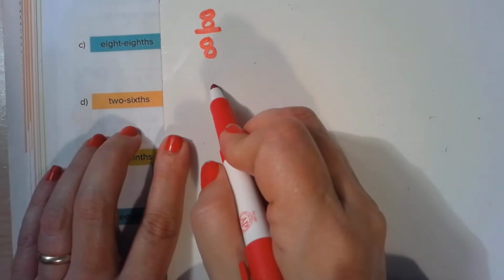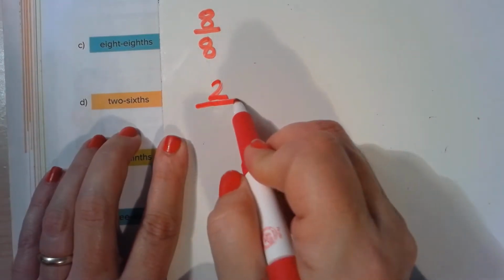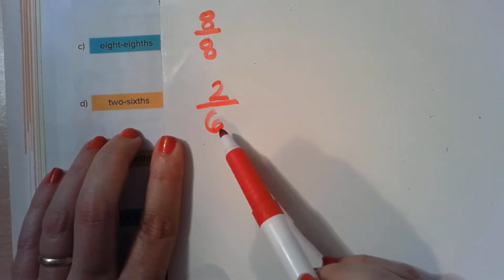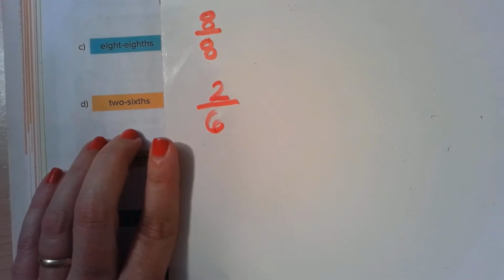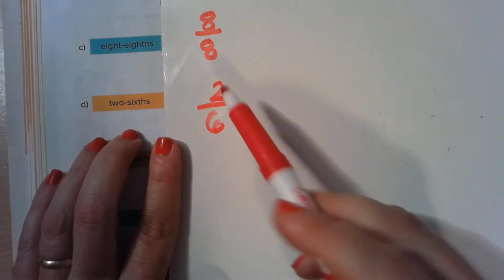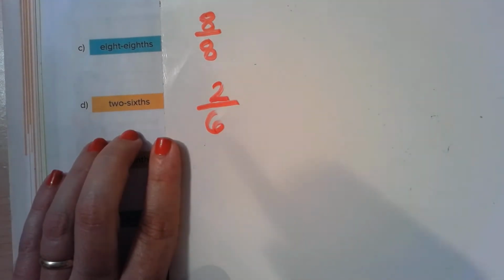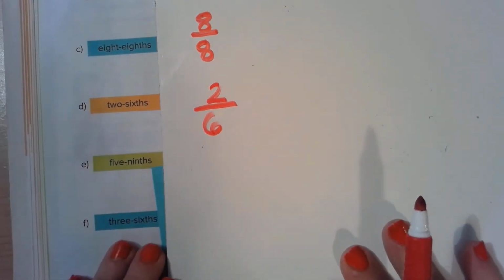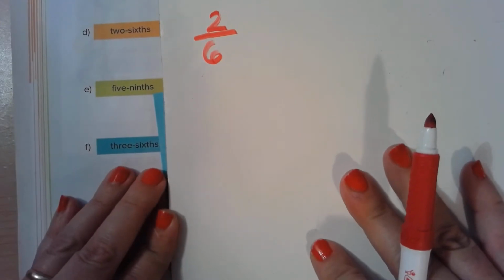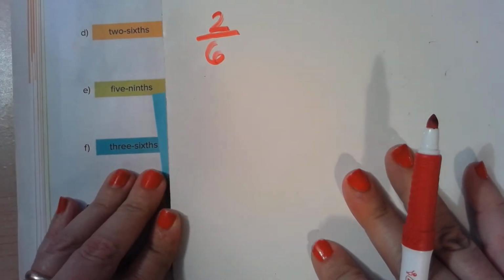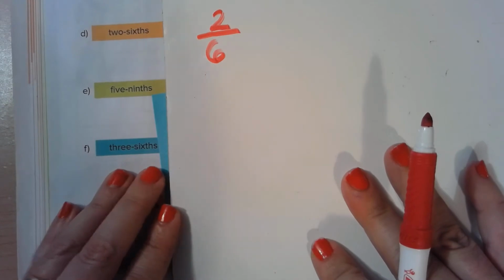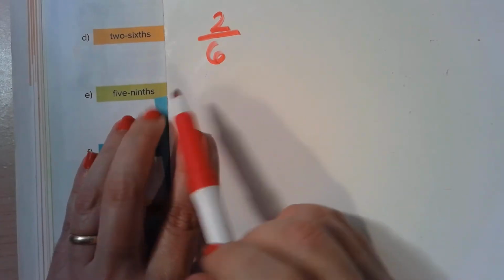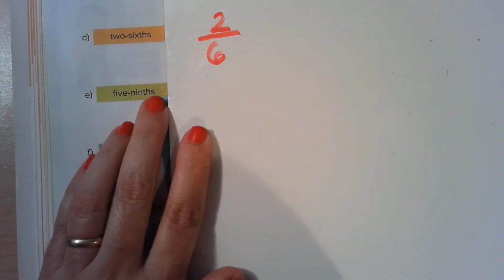D says 2/6. So 2 out of 6 equal parts has been shaded. Your numerator is 2, your denominator is 6. So your fraction is 2/6. You should try saying that word, sixth. It tickles the back of my front teeth. All right, 5/9.